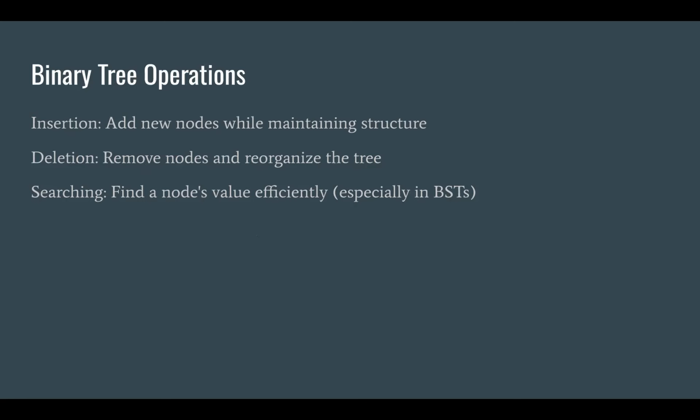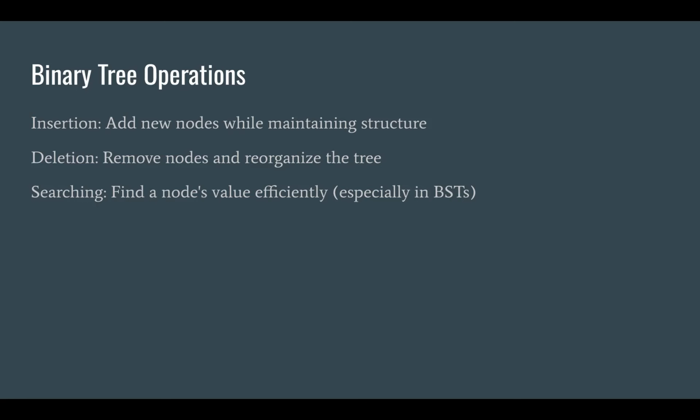Binary tree operations. Working with binary trees involve three fundamental operations. Insertion, which is adding a new node while maintaining the tree's property, especially in binary search trees where the order is crucial.